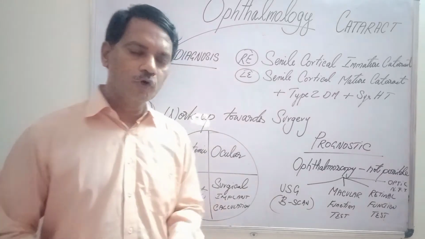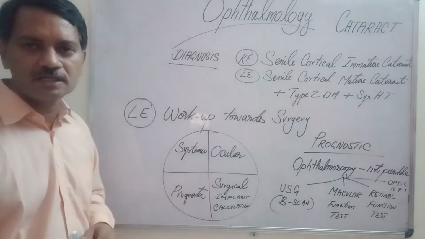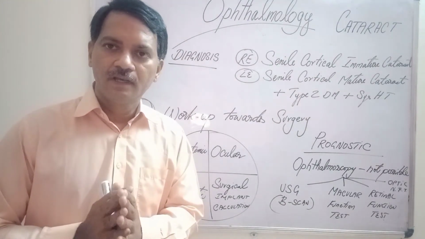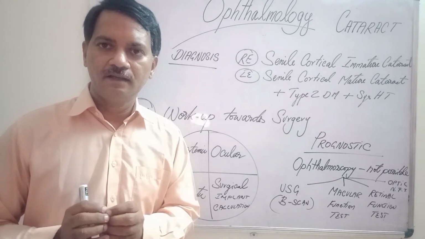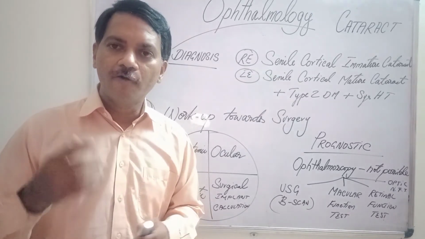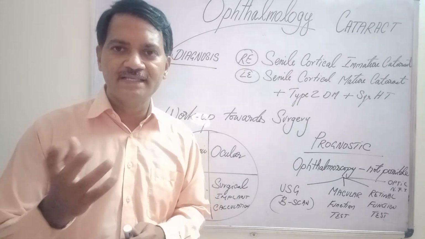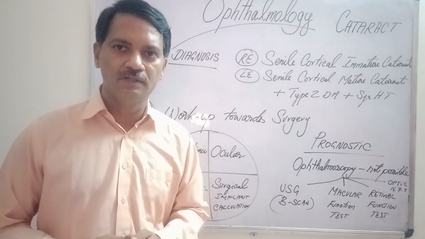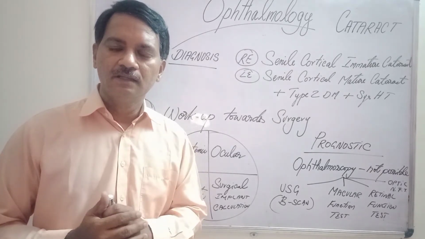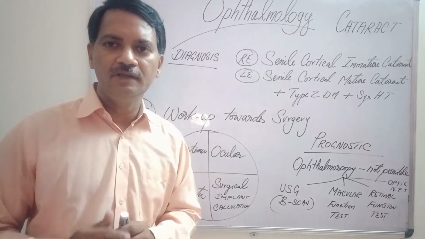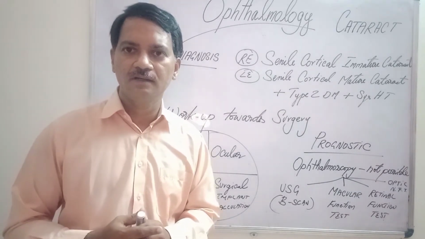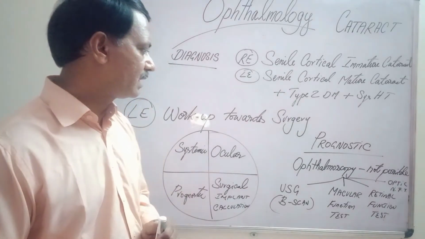As far as the prognostic indicators are concerned, in a mature cataract, seeing the retina, macula and optic nerve with an ophthalmoscope, that is a fundus examination, is not possible. The cataract is so mature and dense that the light will not pass through it and you cannot see the posterior segment including the vitreous.